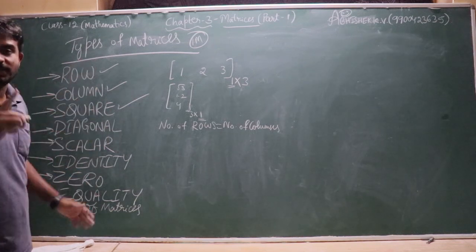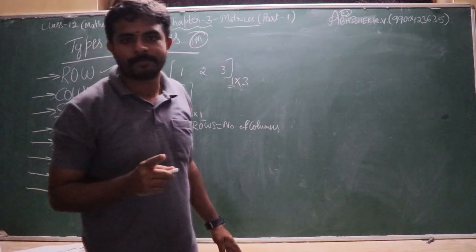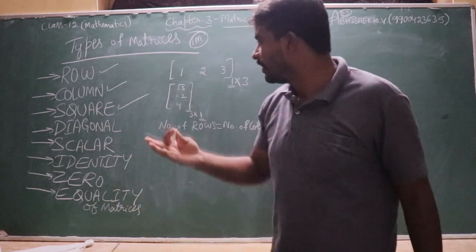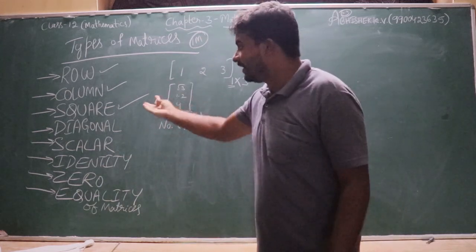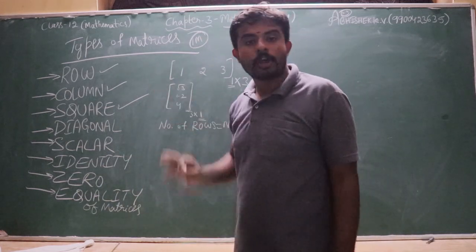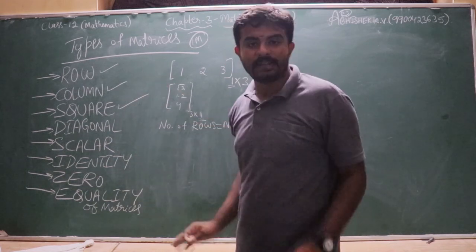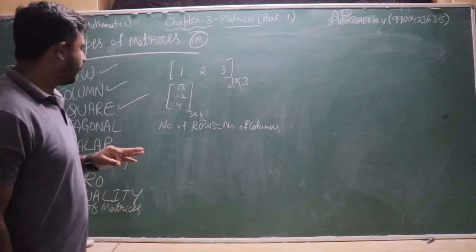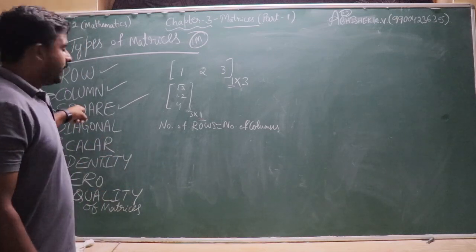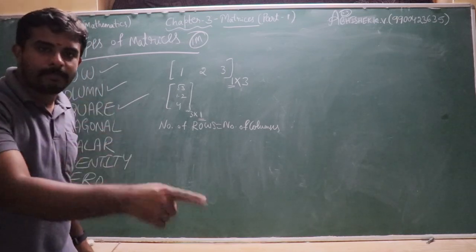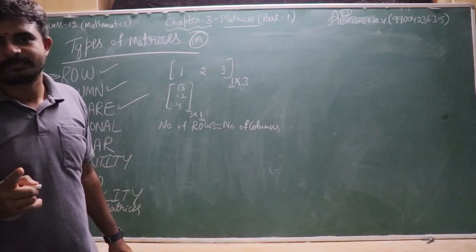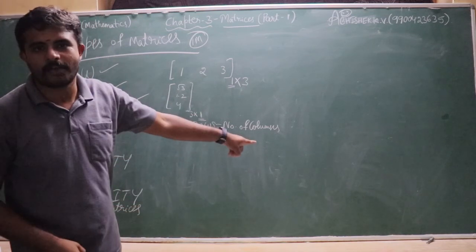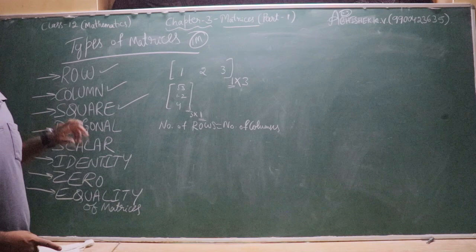So these are all the definitions, very important for your annual examination. Examiner may ask what is row matrix, or what is square matrix, or what is column matrix. You should remember this, okay? You should understand, okay? A matrix has equal number of rows and columns. That is, number of rows is equal to number of columns. Then that matrix is called square matrix.